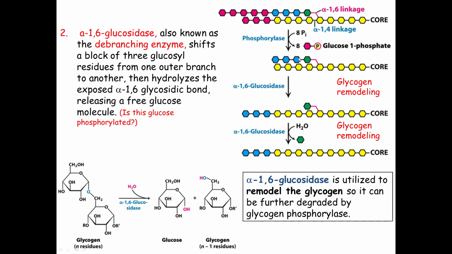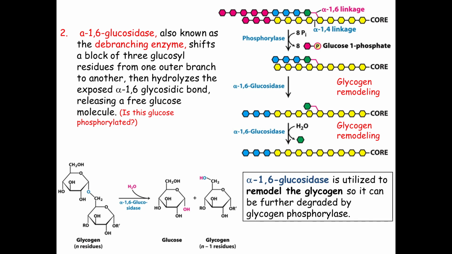So it moved these 3 from the green to the end of the yellow chain. It could have put it on any end available. I'm just showing one example. If there were 50 other ends, it could have put it on any one of those. But it just shifts it to another one. Okay? So that's essentially an isomerase feature, right? It's remodeling. It hasn't removed or added anything net. It's just remodeled it. Okay?